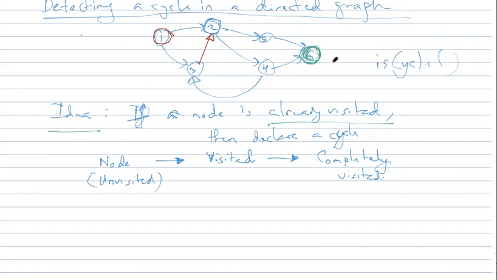Then I have nowhere to go. Then I backtrack, right? And then I again come back through 4, okay? And then I find, can I visit this? This is already visited. So the point is that I'm visiting this 6.